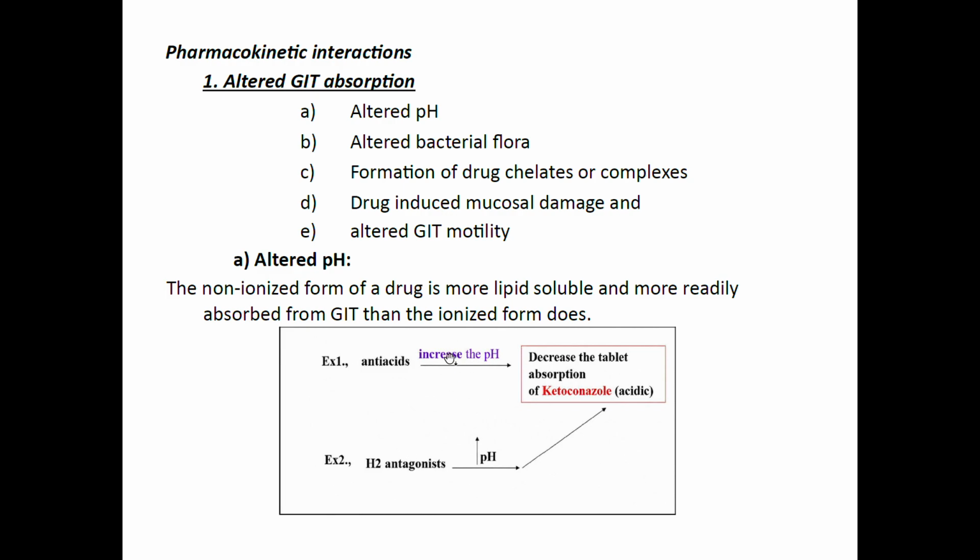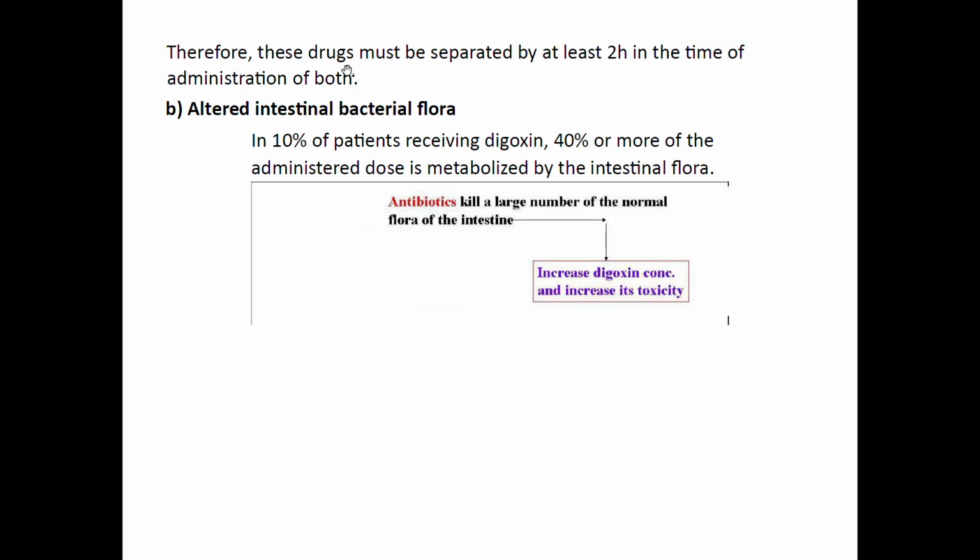So whenever pH is increasing, then some of the drug would be ionized. And this is the case regarding altered pH. Hence, it decreases the tablet absorption of ketoconazole. Therefore, these drugs must be separated by at least 2 hours in the time of administration of both.